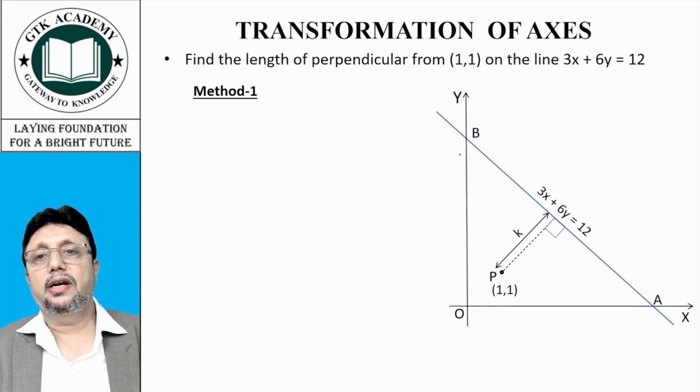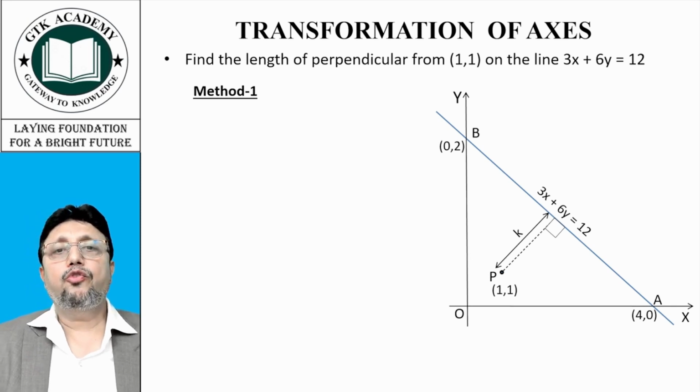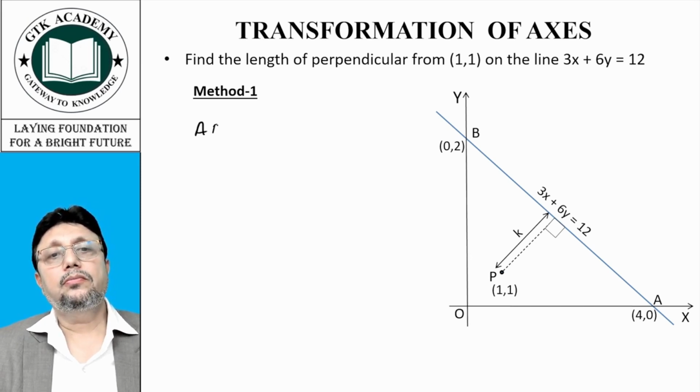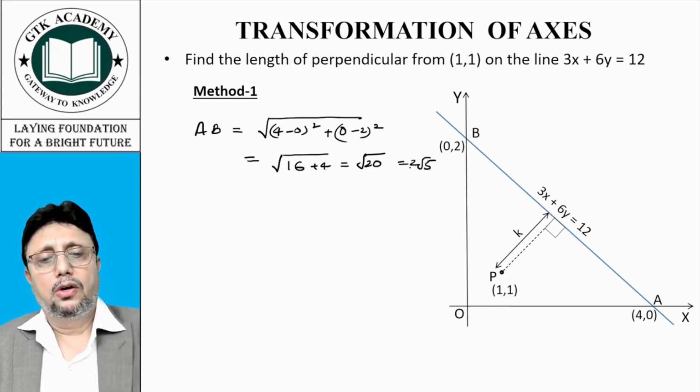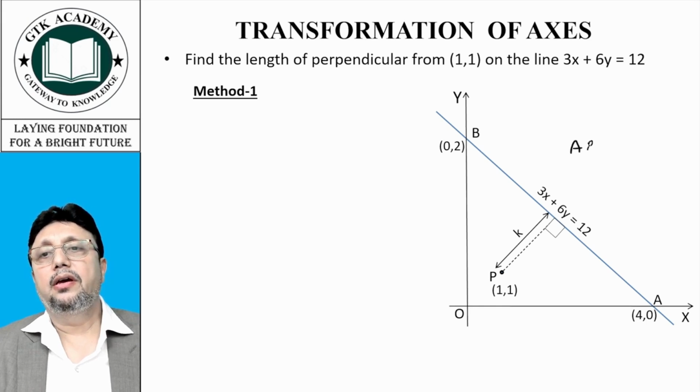Now you have to find the length of AB, which is under root of (4 minus 0) whole square plus (0 minus 2) whole square, which is equal to under root 16 plus 4, under root 20, which is equal to 2 root 5. So AB is equal to 2 under root 5.